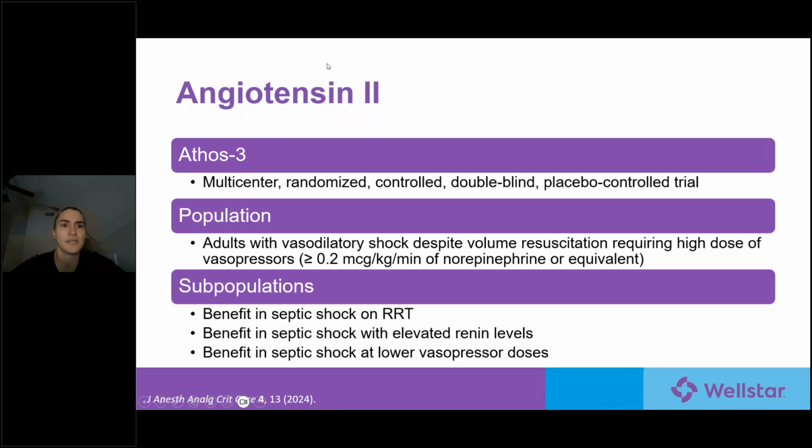The other thing I wanted to comment on was angiotensin 2. Ashley already beautifully covered the ATHOS-3 trial, so I won't go over that again.